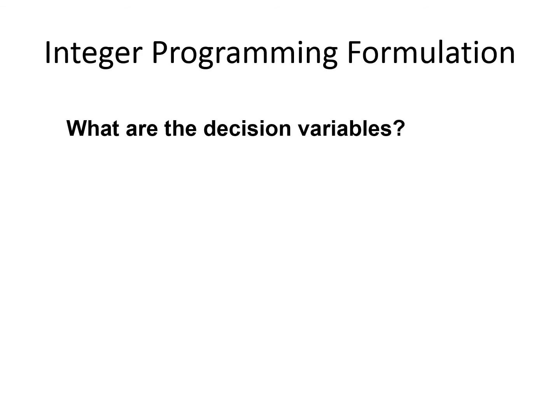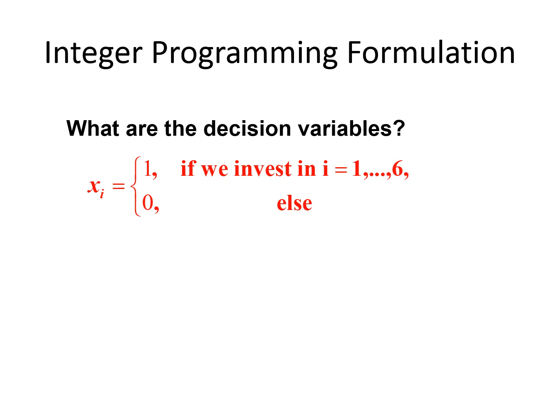So what are the decision variables? That's the first thing you want to figure out. It's a binary decision variable xi, where xi equals 1 if you invest in investment i and 0 otherwise, with i from 1 to 6. Objective function and constraints: what's the objective function?